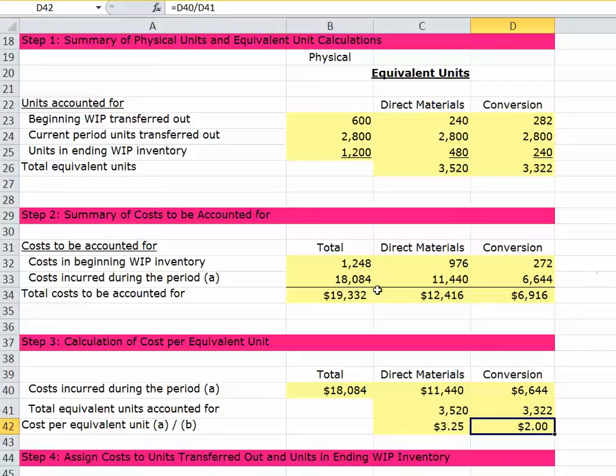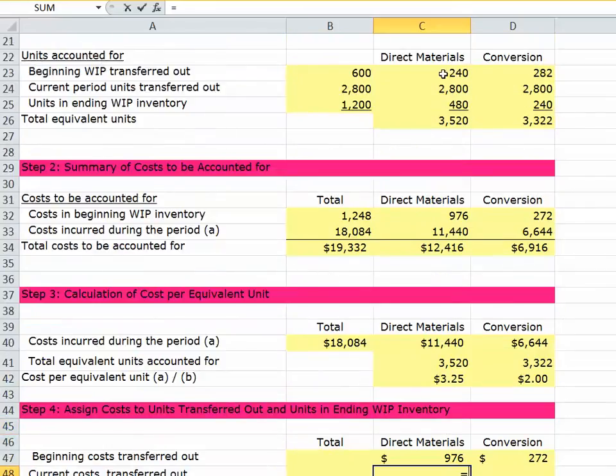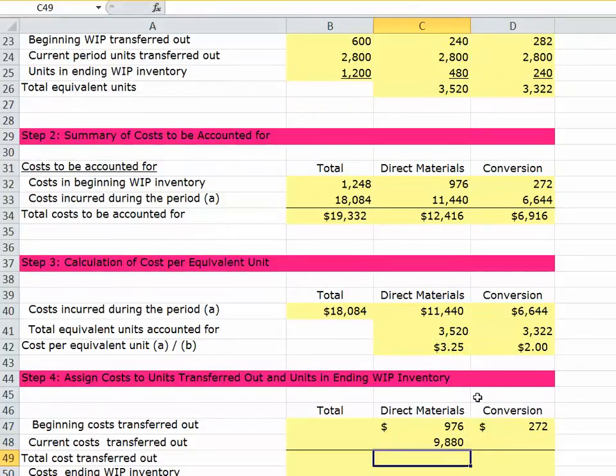Now, down below, we've already accounted for the cost that we had in beginning work in process inventory. We assigned those to the units that were transferred out. Now we need to take the equivalent units that we transferred out, which is the 240 that we finished, plus the 2,800, and we need to multiply that by our 3.25 cost per equivalent unit.